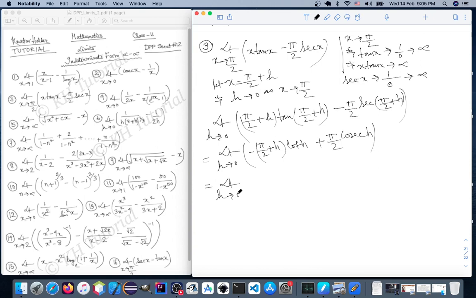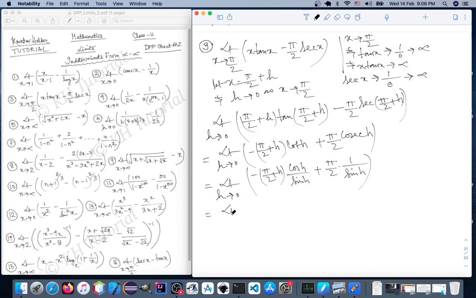Let's convert cot h to cos by sine and cosec to 1 by sine. So, minus pi by 2 plus h cos h by sine h.